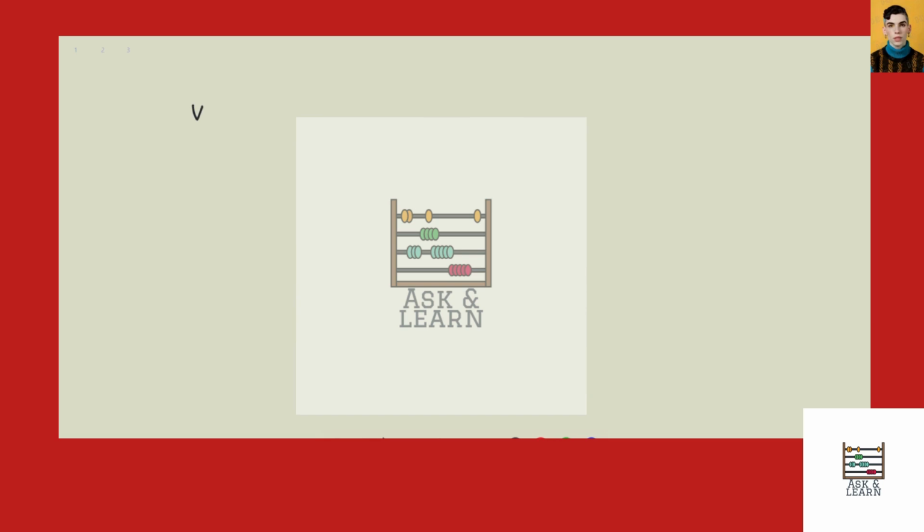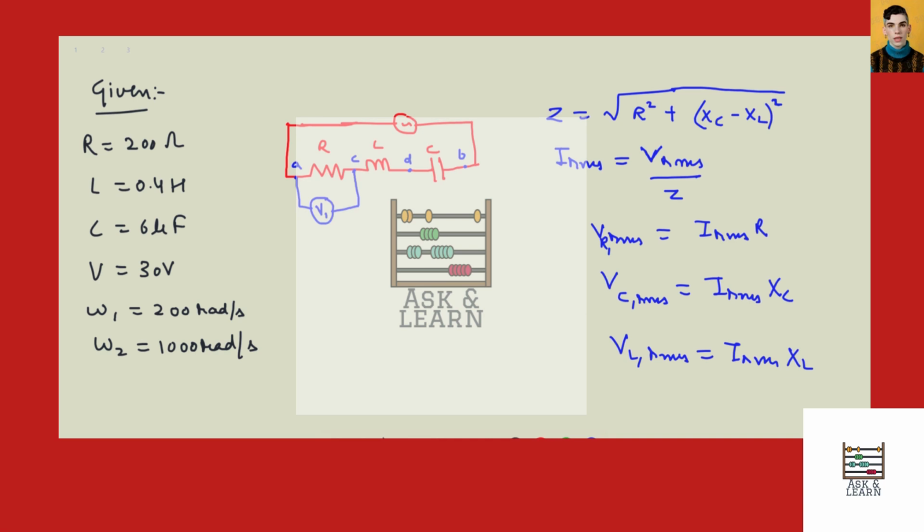Now going to V2. V2 equals VL RMS, and similarly we have V3, V4 here, and V5 here.